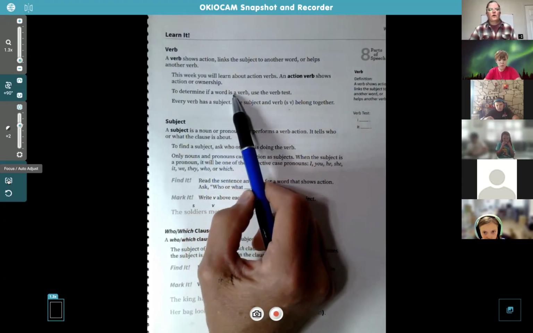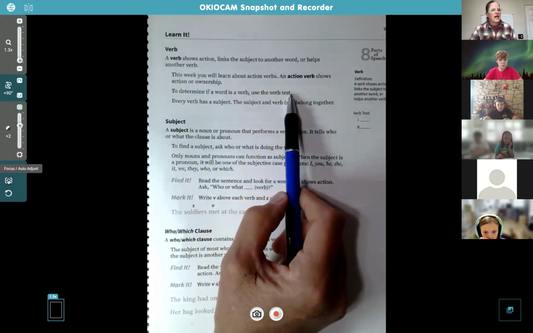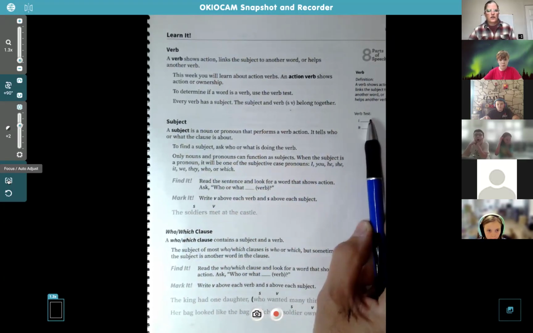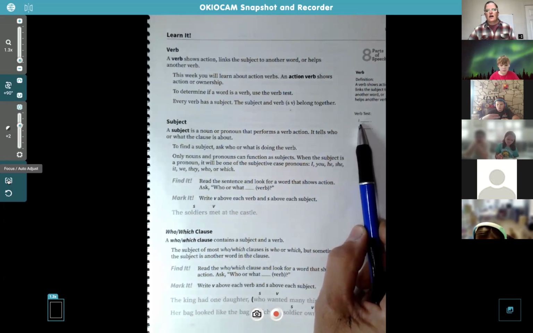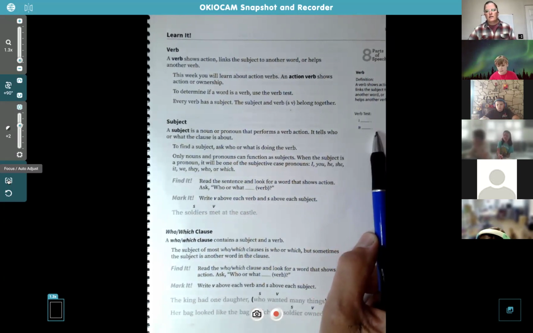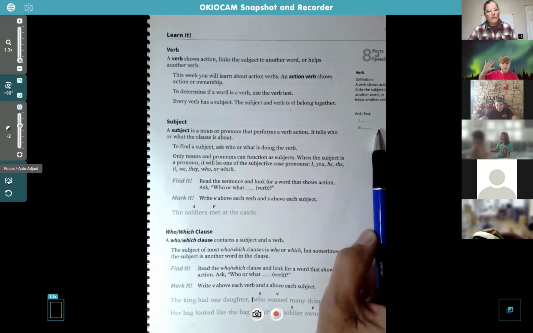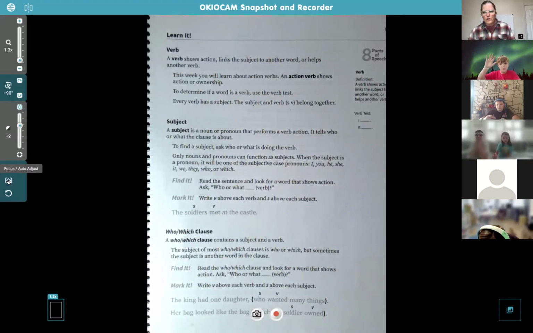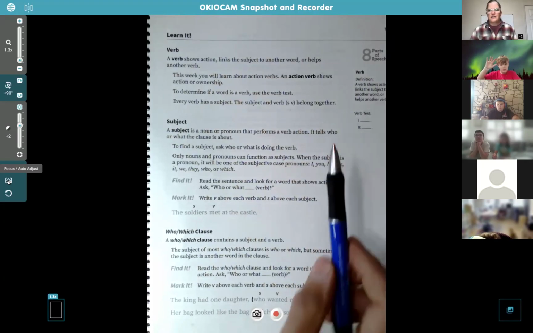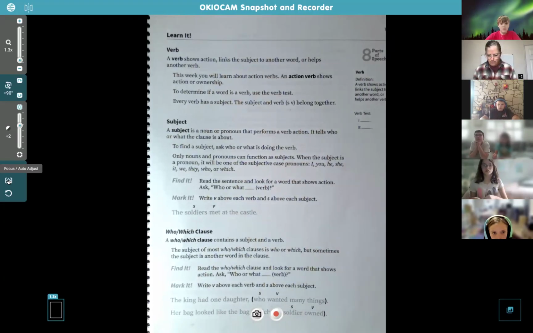To determine if a word is a verb, use the verb test. If you look on the margin over here, see where it says verb test, and then it says I blank and it blank. It's just a little test. If that helps you, you can use it. When you're looking at all the words in your sentence, plug it in the test and see if it works. Yes, Declan.